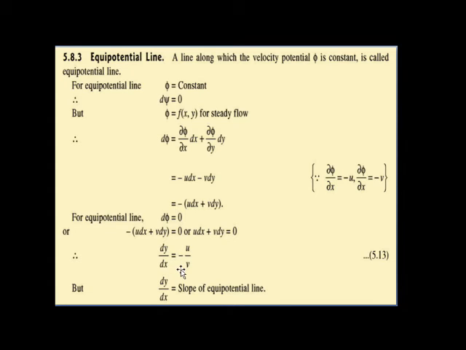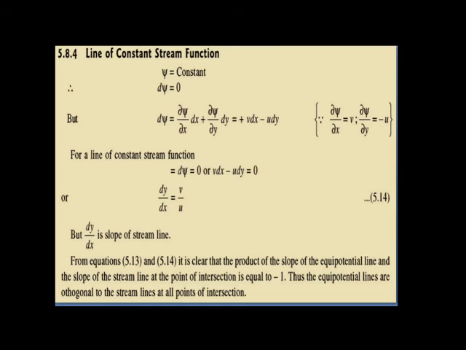Now the next point is the line of constant stream function. The line along which the stream function is constant is called a line of constant stream function.